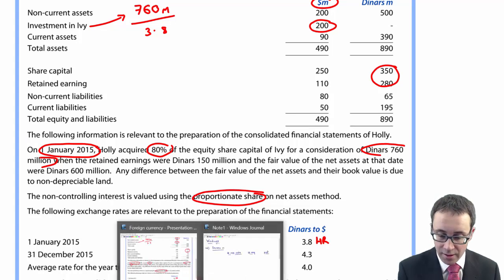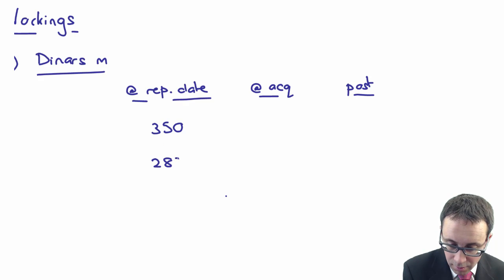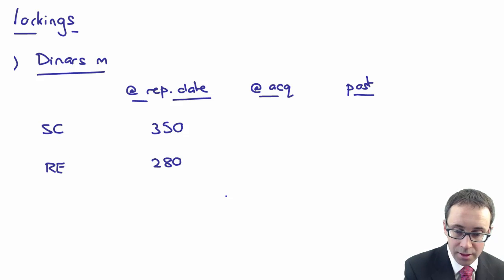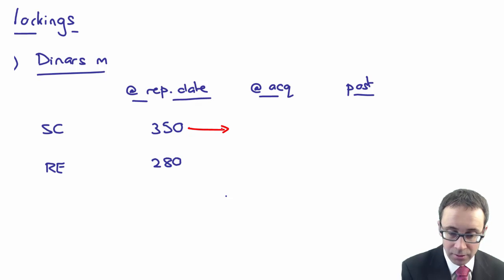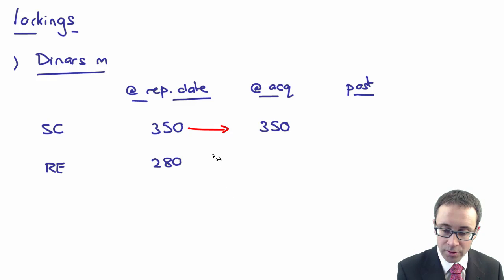So is that 350 and 280? So 350, 280, that is share capital, retained earnings, and as always, the share capital at the reporting date is the same as what we have at the date of acquisition.